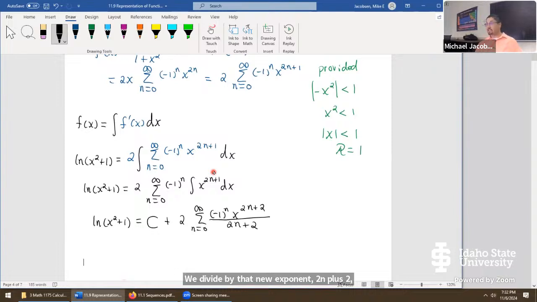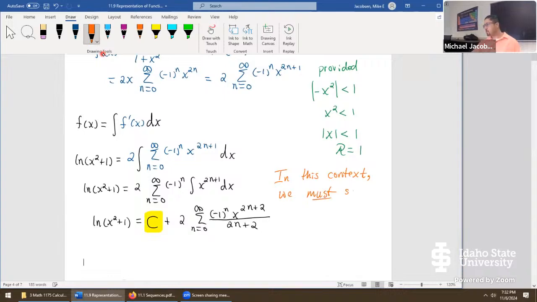We have a power series representation of natural log x squared plus 1, but it actually isn't totally complete. This is kind of surprising, but in this context, we must solve for the integration constant c.